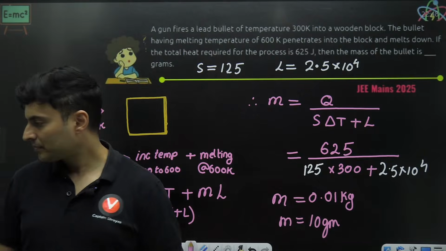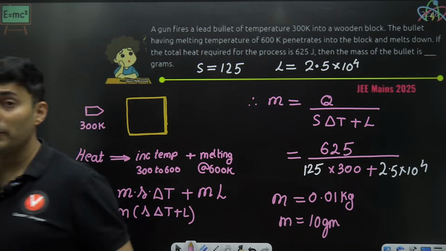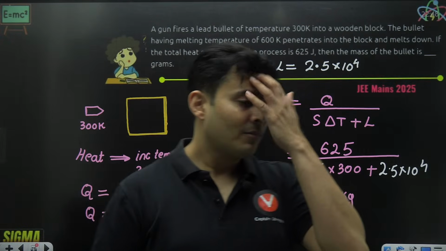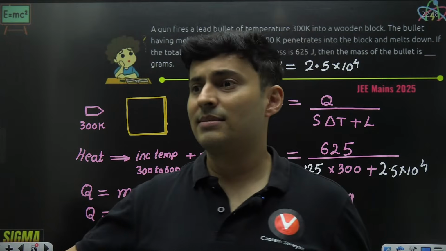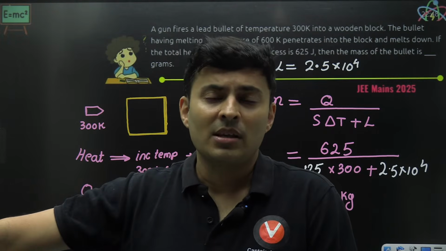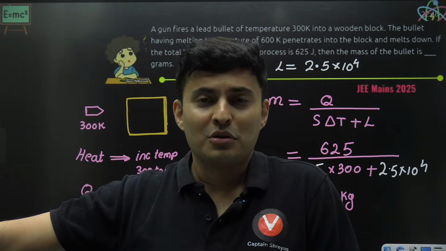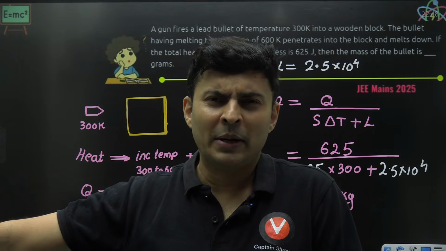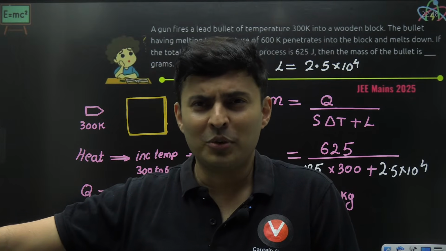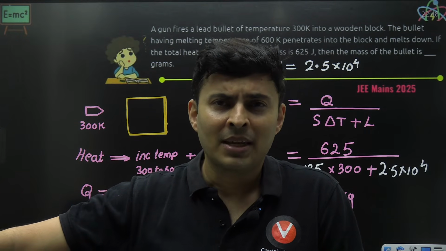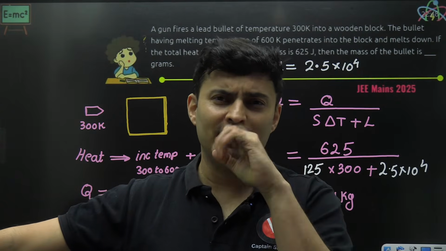That's it. Clear? So, sometimes you might have heard about ballistics investigation. So I know the bullet was fired at room temperature, so I know it was 300 Kelvin. And then I know the bullet was made of this material.